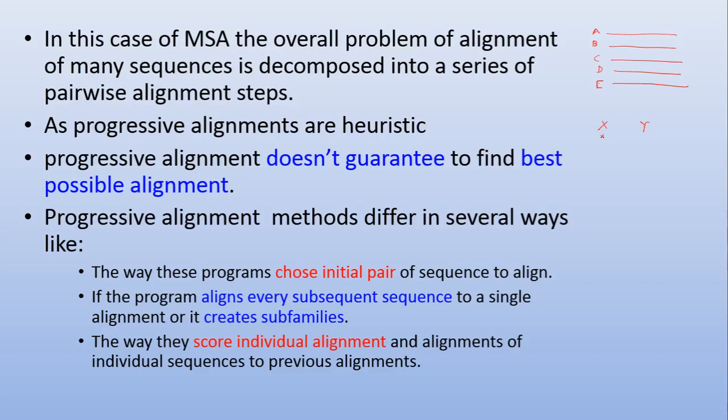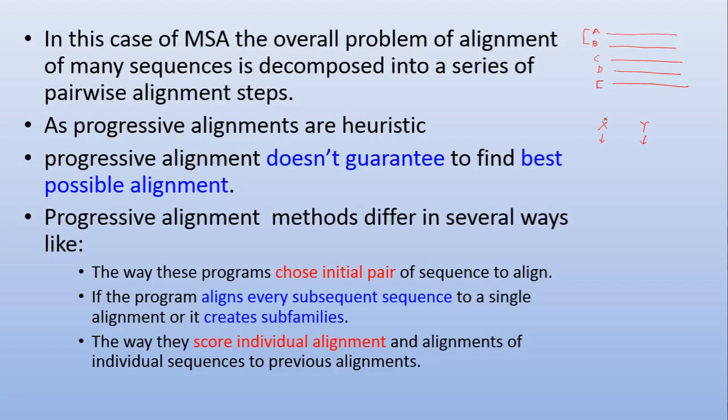This X program can have some rule for selecting the initial pair, while this Y program, which is again a progressive alignment program, might have a different set of rules for selecting the initial pair of sequences. So in this way, different programs implementing progressive strategies might have different rules for selecting the initial pair.